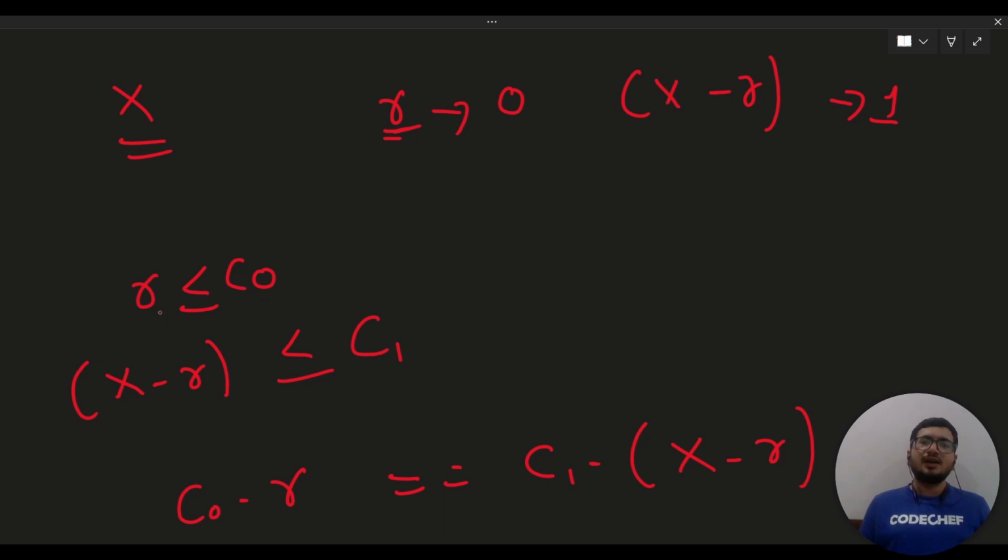That is, after handing out r zeros, we'll hand out x minus r ones, and after giving all this, we must have an equal count of zeros and ones. If you find such an r, our answer would be yes, otherwise no. And with this, we get our solution that satisfies the condition in our question.